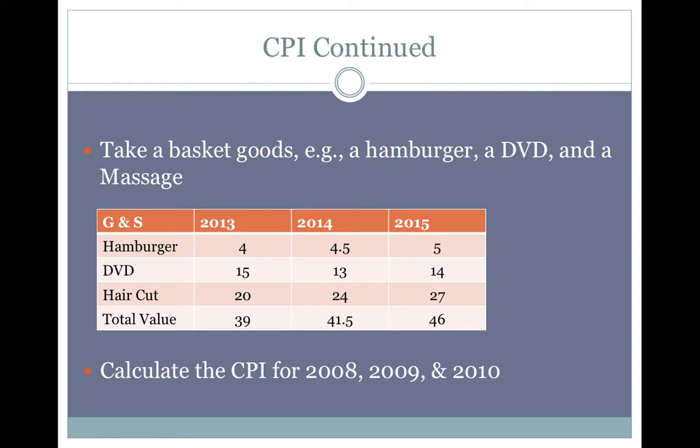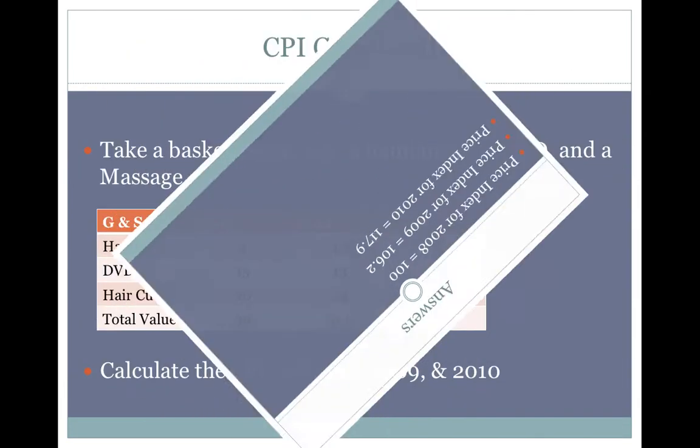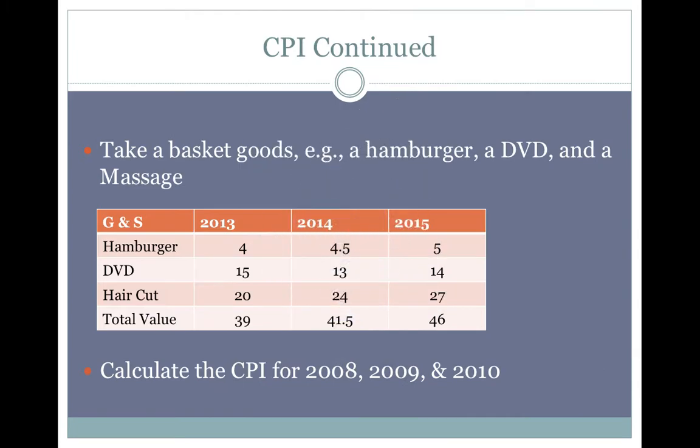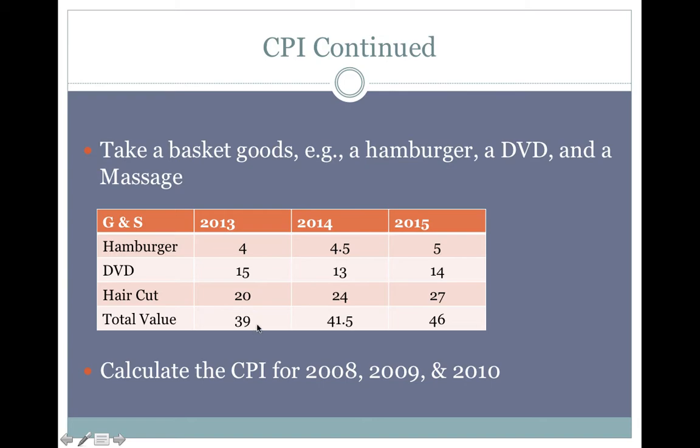Okay, I'm guessing you've calculated. Let's take a look at the answers. Actually, I changed the year, sorry, it should say 2013, 2014, 2015. I previously modified this. So in 2013 it was 100. In 2014 it should be 106.2. If 100 was the base year, then 39 over 39 times 100 would be 100.